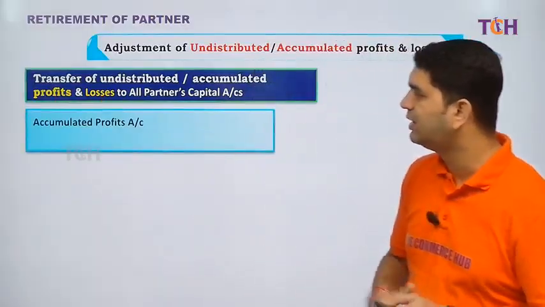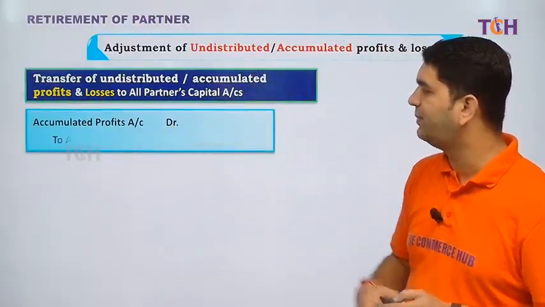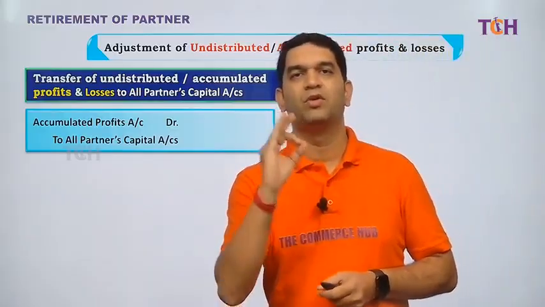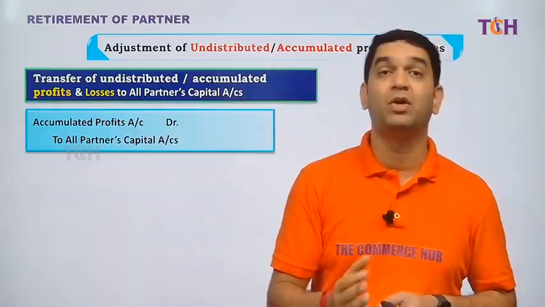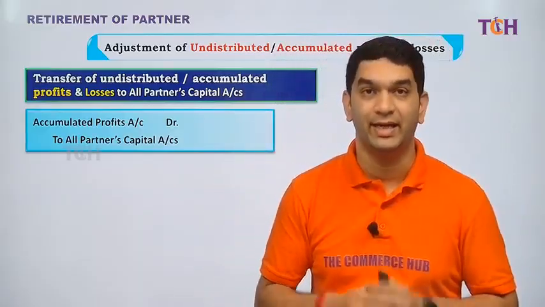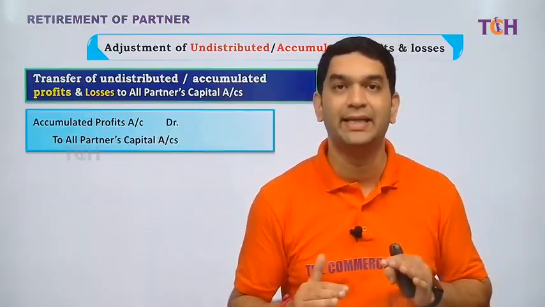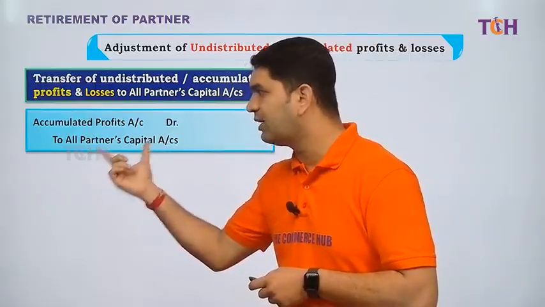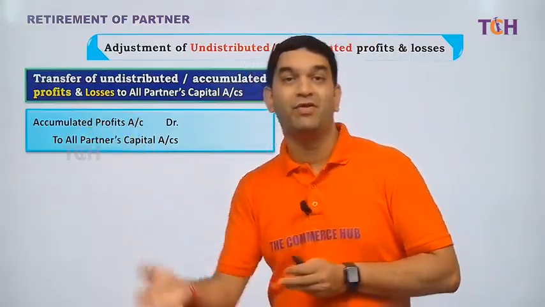So here we understand: accumulated profits account debit to all partners' capital accounts. Due to distribution of profit, partners' capital is going to increase, and that is the reason the capital account is going to be credited. If capital increases, it should be credited. That is what we have seen. So partners' capital account is credited, and accumulated profit we are transferring.